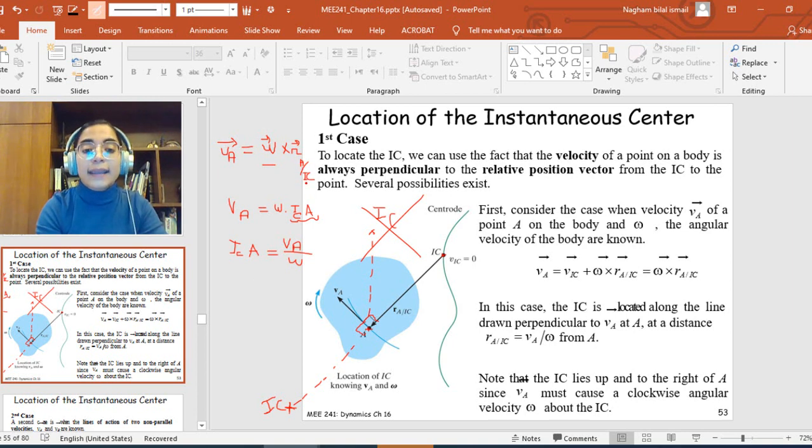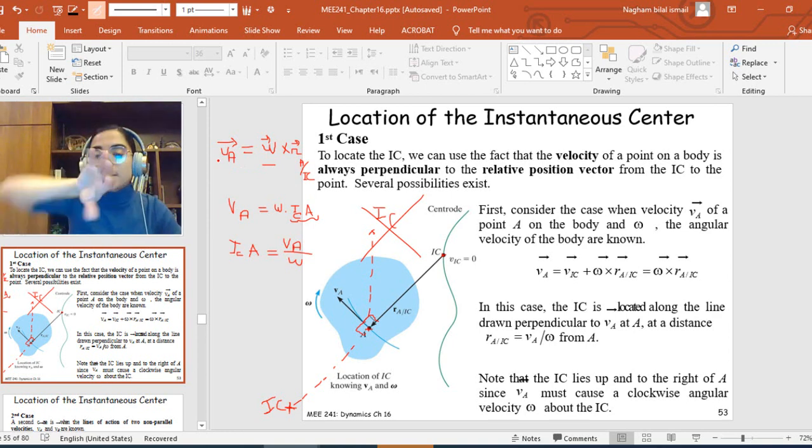Omega cross RA with respect to IC should give me VA in this direction. Now, what is omega? Omega is the angular velocity in clockwise, as it is shown here, so omega is towards you. Cross RA with respect to IC.